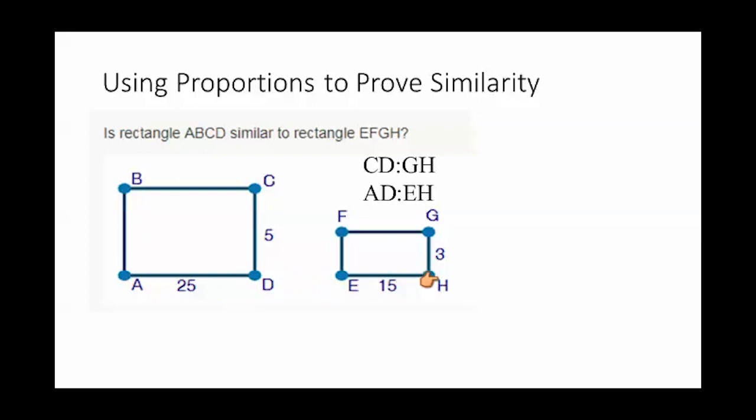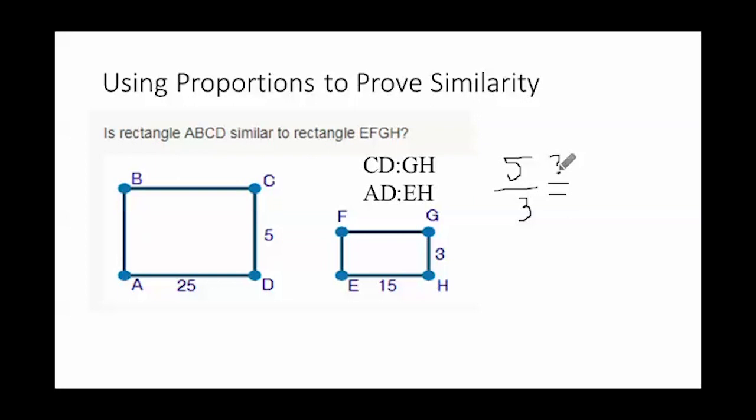So I can set up my proportions as fractions to determine, are they the same? I'm going to do CD, which is 5, over GH, which is 3. And I need to see, is that equal, is it the same proportion as AD to EH?